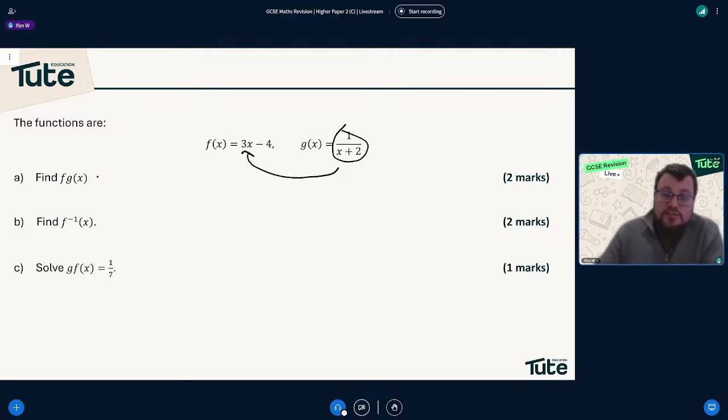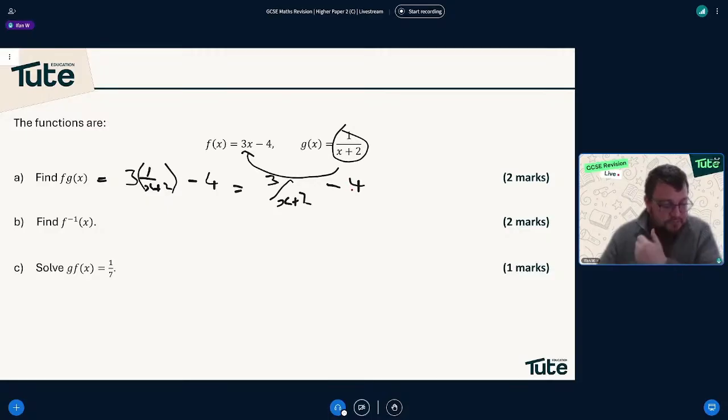So f of g of x would be, well, f of x is 3x take away 4, but instead of x, you're inputting 1 over x plus 2, which would give you 3 over x plus 2 take away 4.